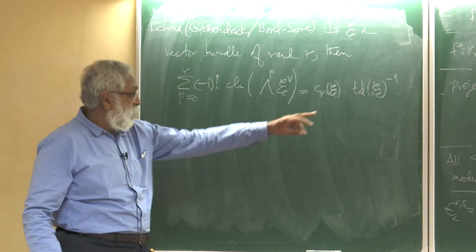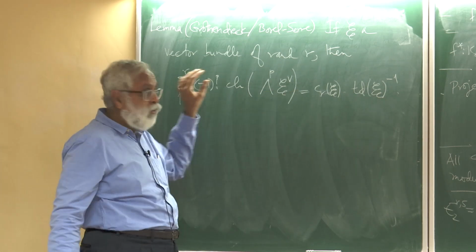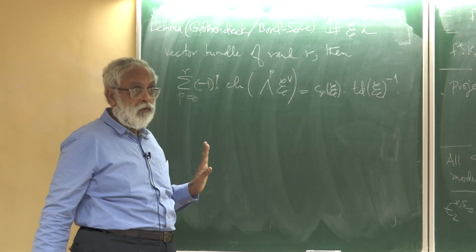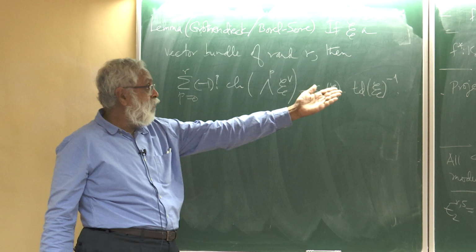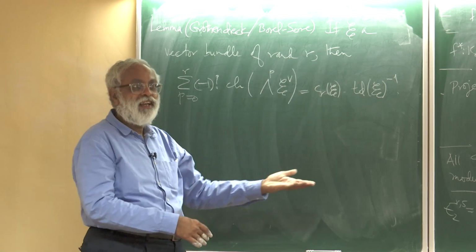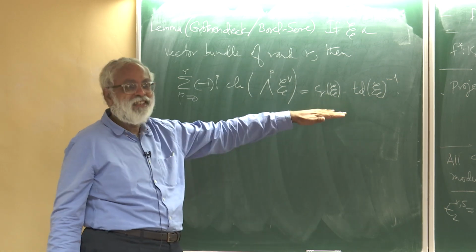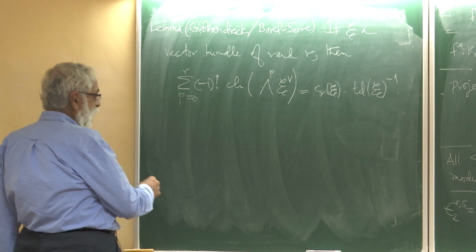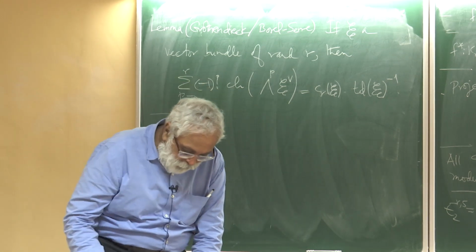Or put differently, since this is invertible, I can put it on the other side and say c_r(E) equals Todd(E) multiplied by this. And the proof I gave last time indeed proves this formula. I was puzzled that whatever I got in the end didn't look like it, because it's not correct. This is the right thing, and this is what the proof gave. Let's look at the proof again.